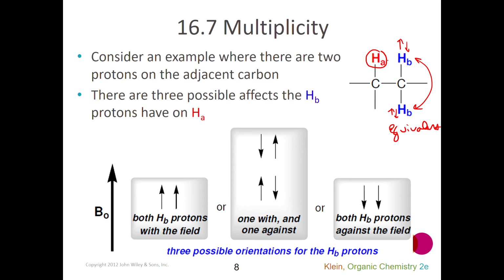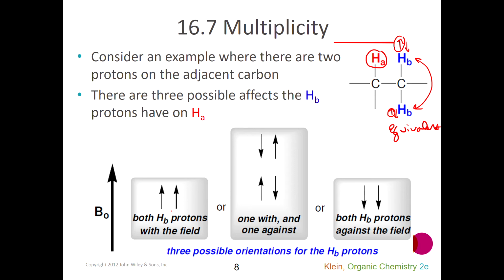One scenario is in some of the molecules during the experiment, both hydrogens will be aligned with the magnetic field. And if that's true, that affects the energy that A absorbs and releases and causes an increase in energy.